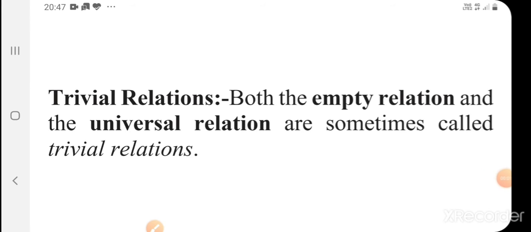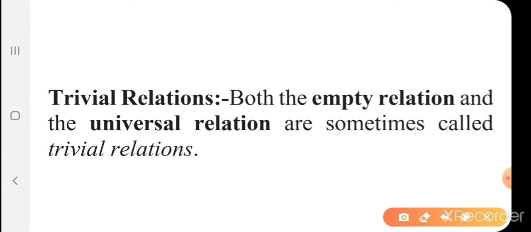Next we discuss the trivial relation. What is the meaning of trivial? The meaning of trivial is no value. Generally, someone who is closely related to you and helps you in all aspects, you have not given any value, or someone who has no relation with you, you are not giving any value. So these two, most related and not related, are generally called the trivial relation.